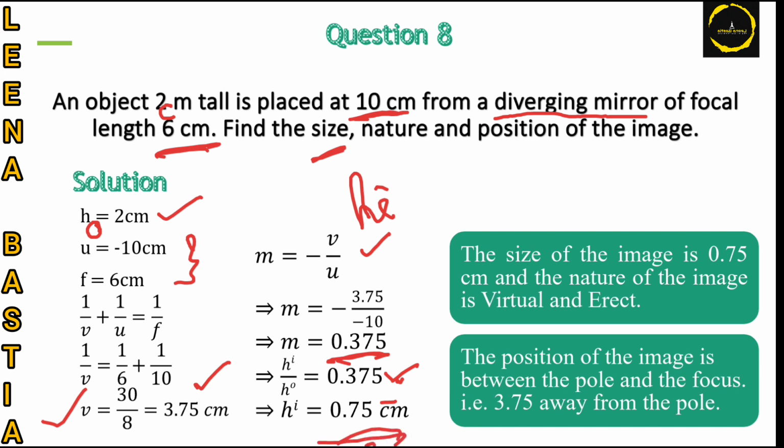Now finally, in these boxes we have written the answers: size, nature, position. First of all, the size of the image is 0.75 centimeter, and the nature of the image is virtual and erect. Already you know, because of the diverging mirror it is virtual and erect. Now the position of the image is between the pole and the focus, 3.75 away from the pole.